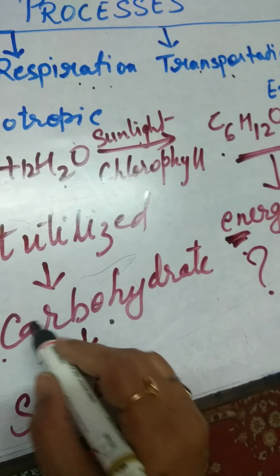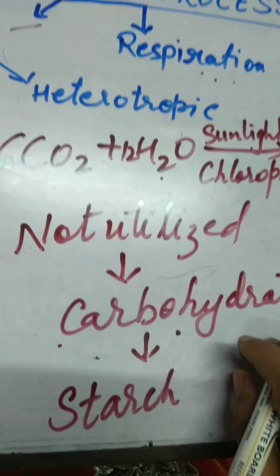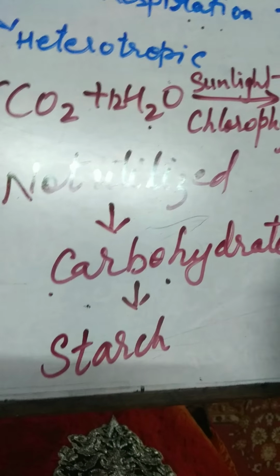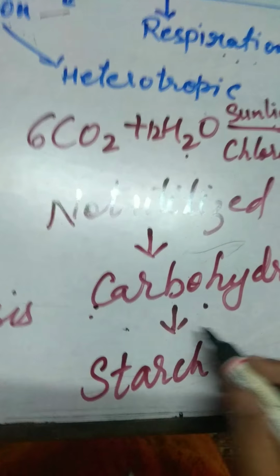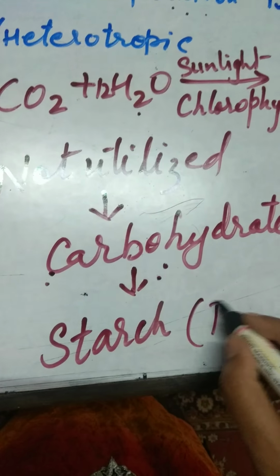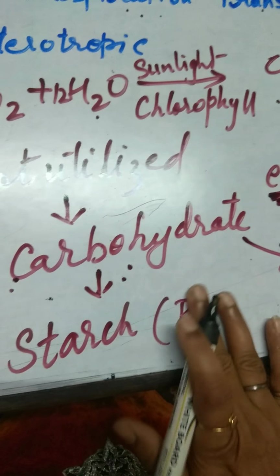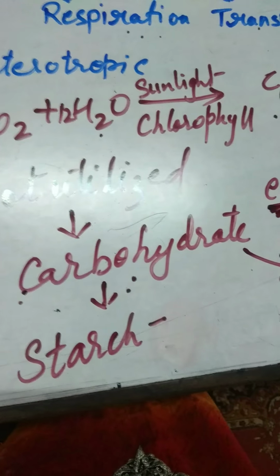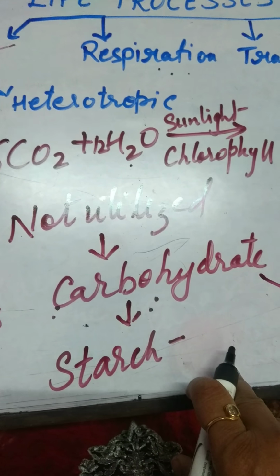So, whatever carbohydrate or glucose is prepared, it is again utilized by human beings. But whatever is prepared by the plants, if it is not utilized, it is stored in the form of starch.